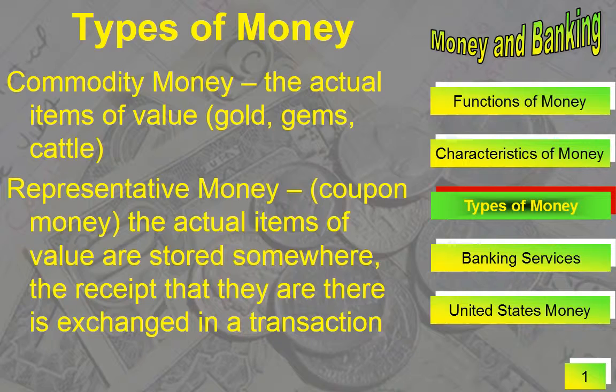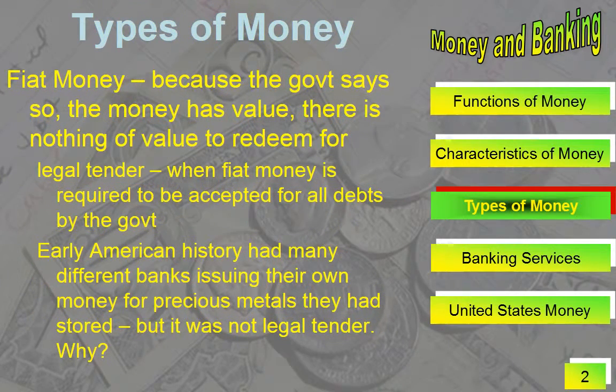The third type of money is called fiat money, and it's called fiat money simply because the word fiat means because I said so. The United States government since the 1920s has been entirely on the idea of fiat money. It has value because the government says so. And they say so by the concept of legal tender, where the government has actually on the money, if you pull out your wallet and pull out some American money, you will see on there that the money is for all debts, public and private.